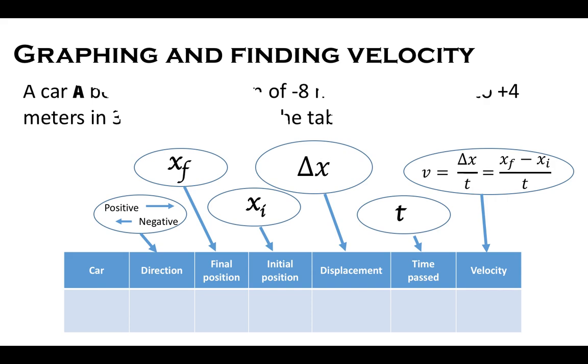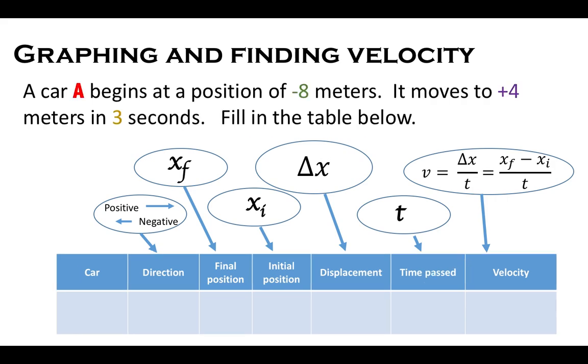So now let's go through filling in the bottom part of this. We're going to fill out the car, the direction, the final and initial position based on the description, the displacement, the time passed, and then calculate the velocity. Clearly it's car A, so we put car A in at the beginning.